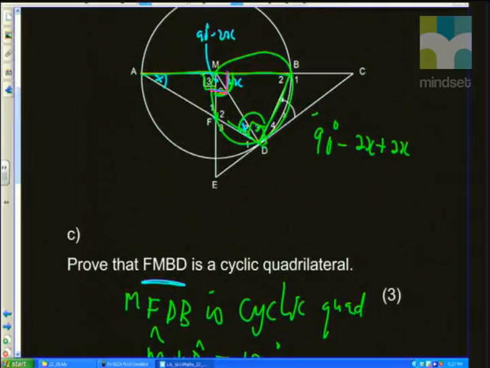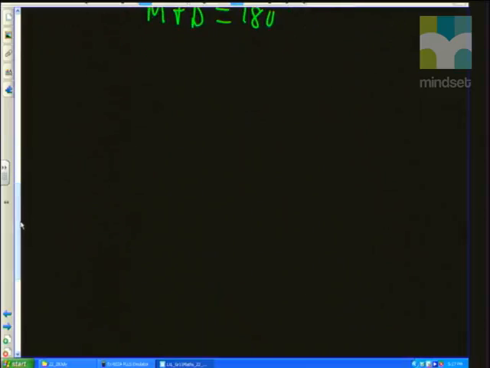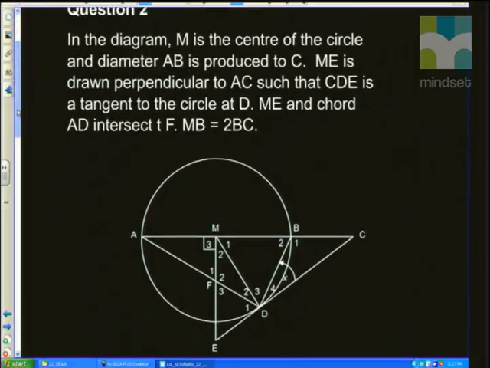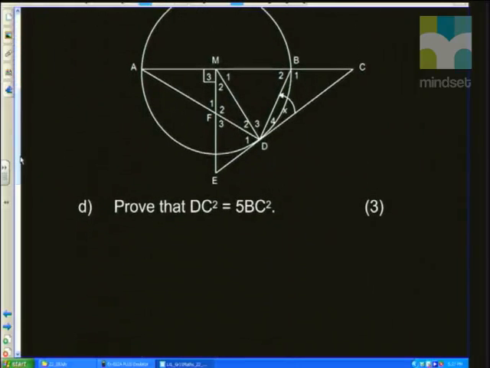And this is AMB, which subtends this angle here, which is 90 degrees. So the opposite angles of a cyclic quad are supplementary. So that's the reason, okay? Right. Now, guys, we continue. Now, we need to prove that DC squared is equal to 5BC squared.